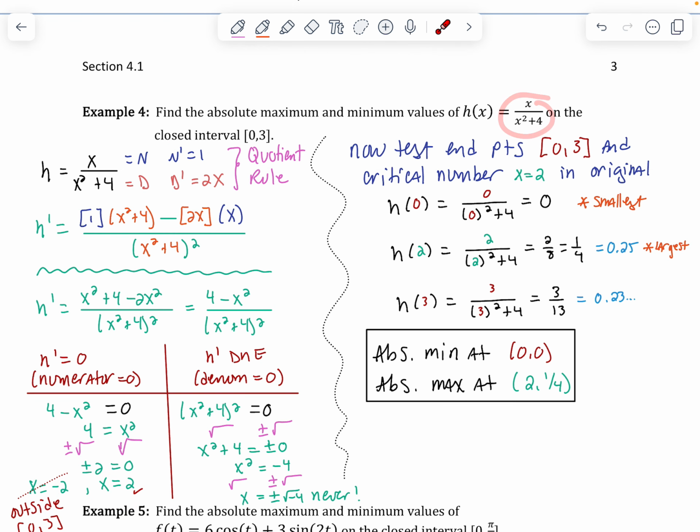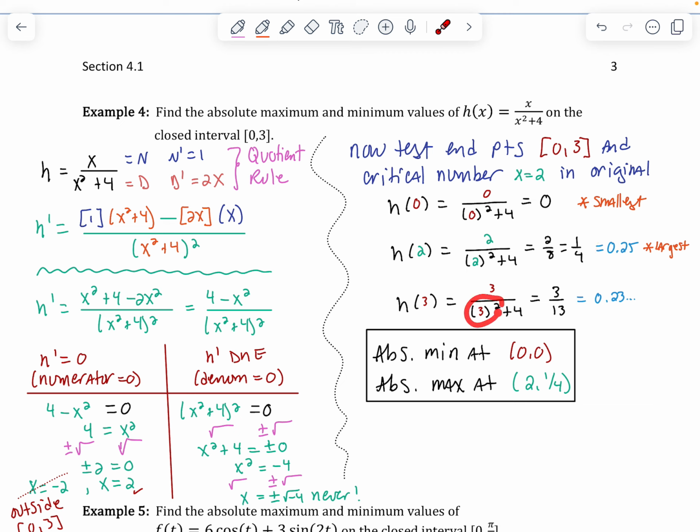So going back to this original function, not the derivative, I plug a 0 in and the math is pretty easy. I'm going to get 0 over 4, which is 0. Plug a 2 in, and because 2 squared is 4, pretty easy, 2 over 8, although I would simplify that to either 1/4 or possibly a decimal value.